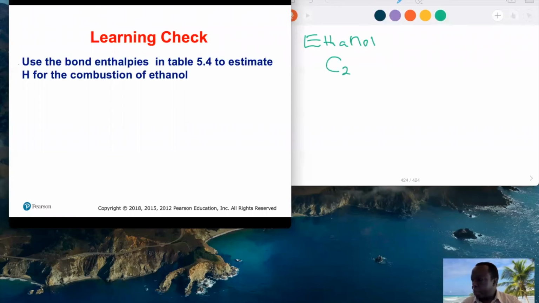Ethanol, C2H5OH. We haven't looked at how to translate this. They expect you to write the chemical formula: combustion of an alcohol produces CO2 plus H2O.